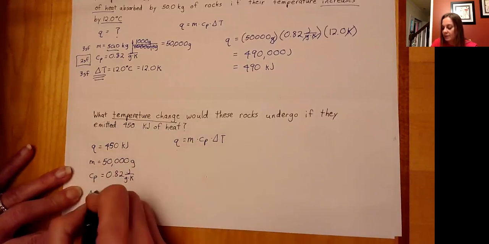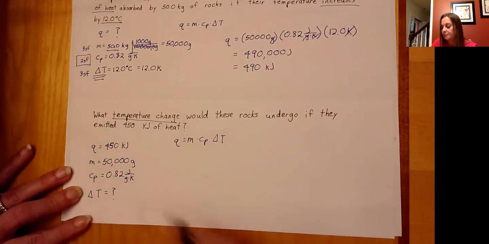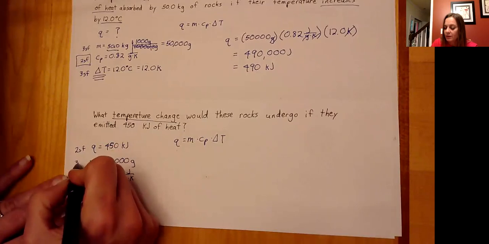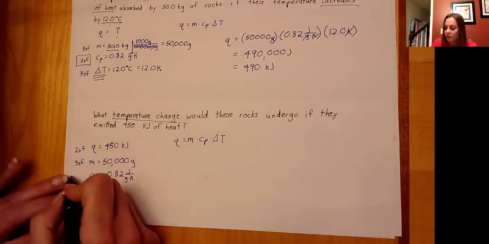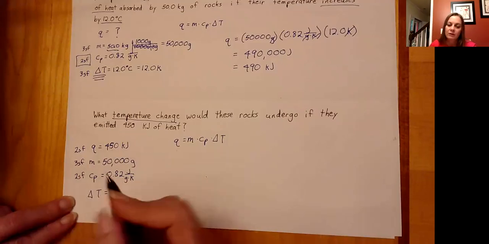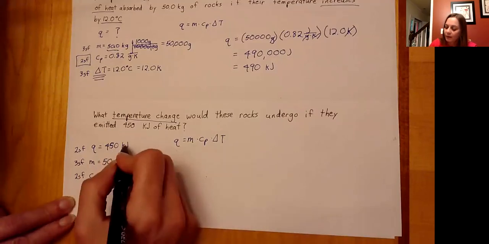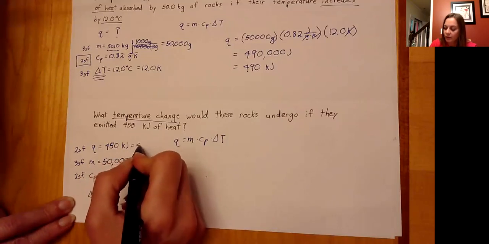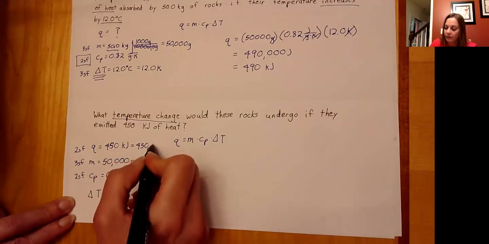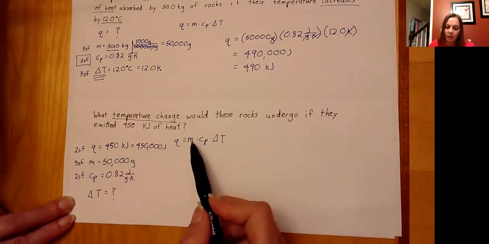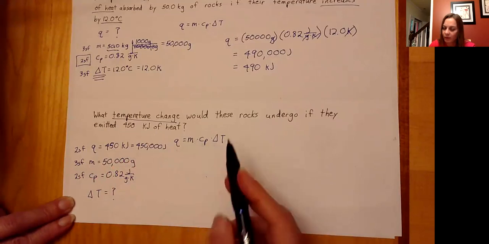So delta T equals question mark. And again, 2 significant figures, 3 significant figures, 2 significant figures. So my answer can only have 2 significant figures. This 450 kilojoules, I'm going to go ahead and convert to 450,000 joules. And now, once again, I have all the pieces to just plug into my equation.